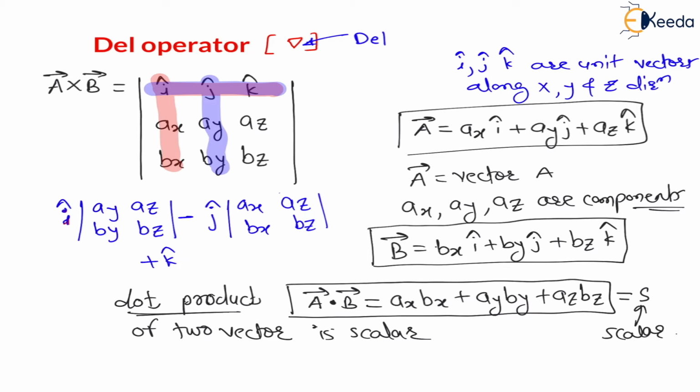Then the signs alternate: plus for i, minus for j, plus for k. Here k lies in the third column and first row, so we delete the first row and third column and write the other elements: plus k cap, the determinant of ax ay, bx by.